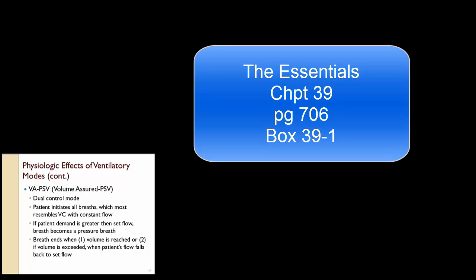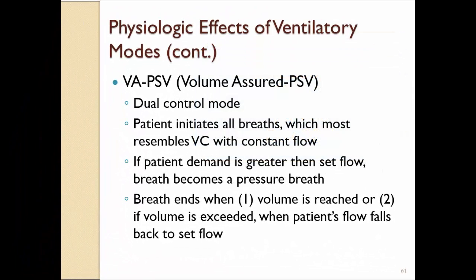Some of them adapt within the breath itself. Some of them adapt between the breaths, from breath to breath. So you might go over there and read in that chapter. He does a very good job of describing them.